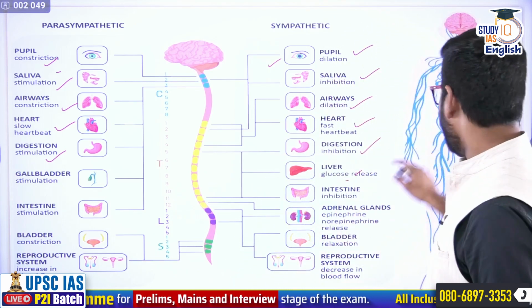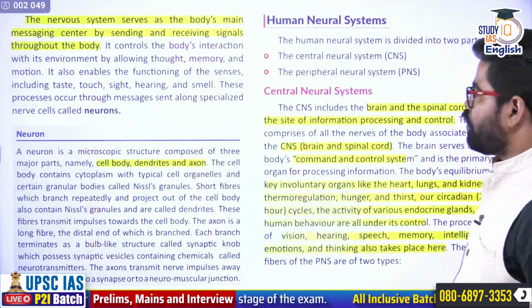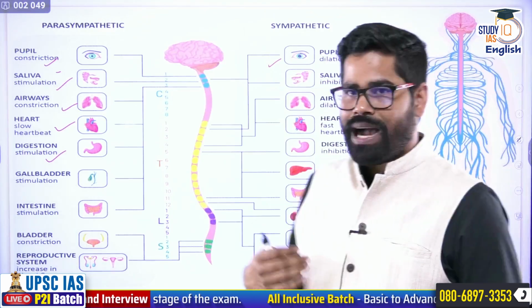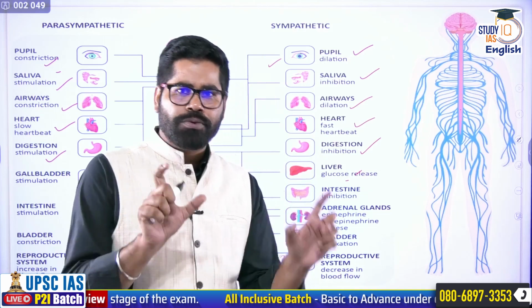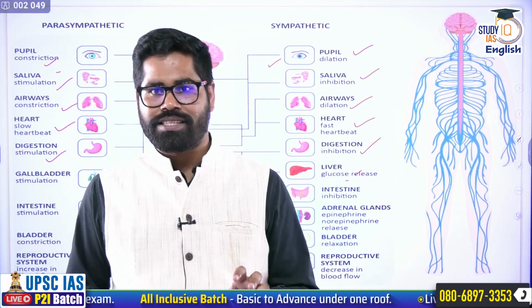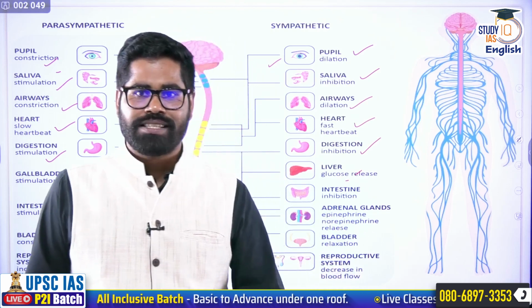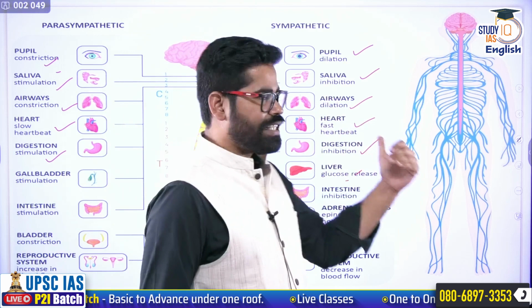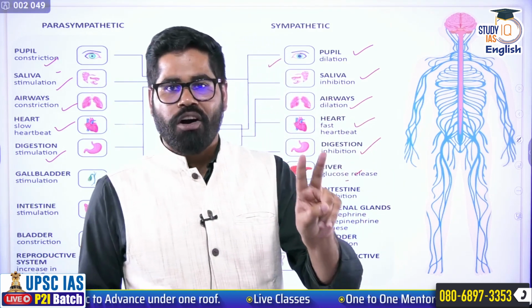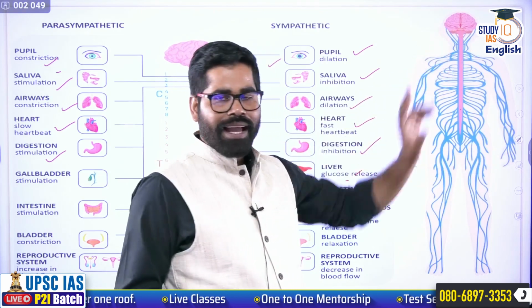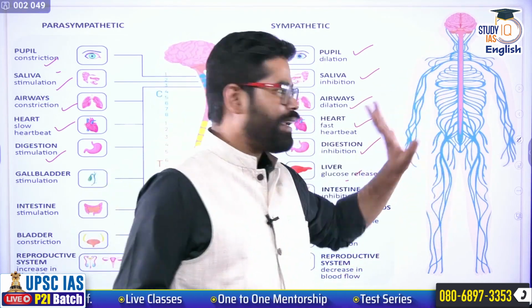Now, we are going to discuss our body system, our nervous system, and there are two important parts of it. One is the central nervous system, and the second is the peripheral nervous system. The central nervous system consists of two very important parts: the brain and the spinal cord.